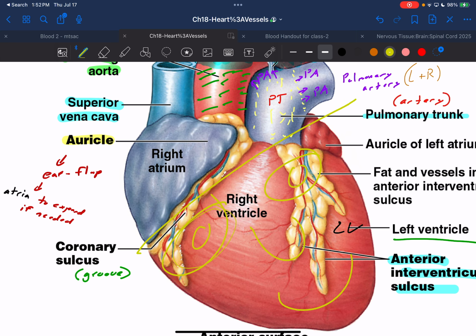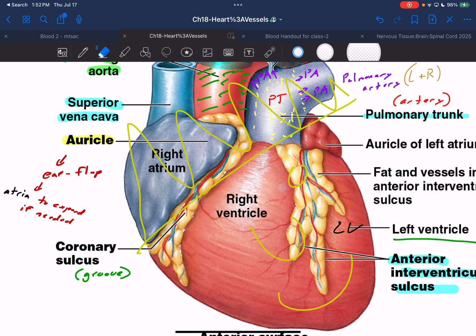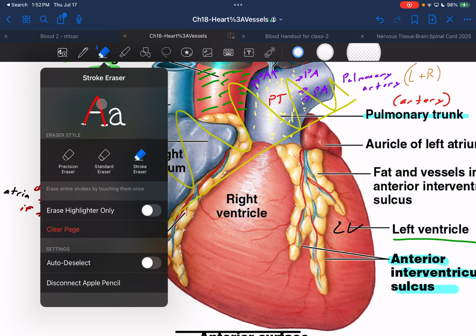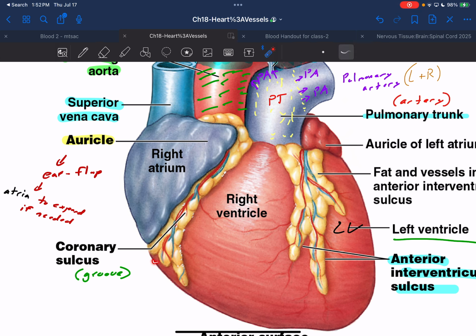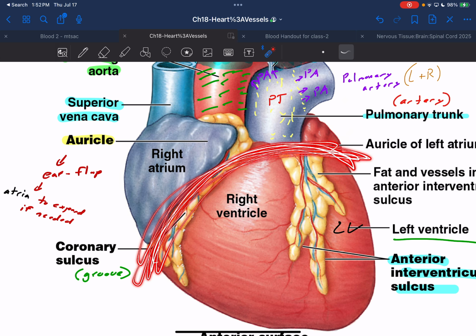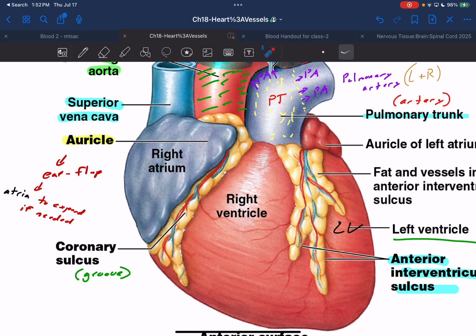Here's where that crown would sit. All right, so the coronary sulcus is named after this crown, like corona, around the heart. So it's a groove that you find within this space. It separates the right atrium and the right ventricle, and it allows fat and blood vessels to run through it. That's the coronary sulcus.